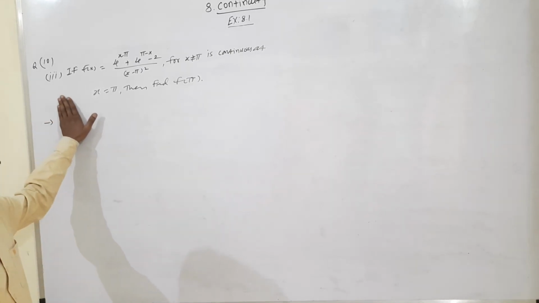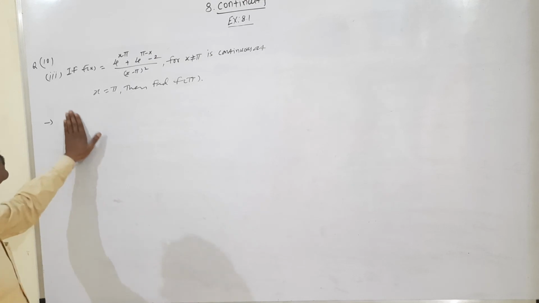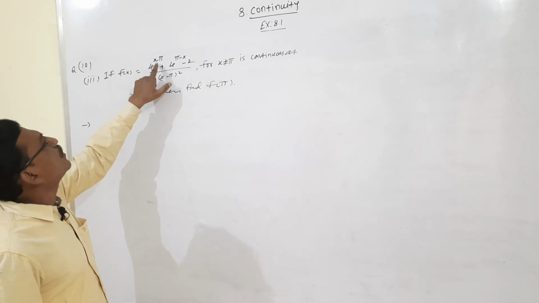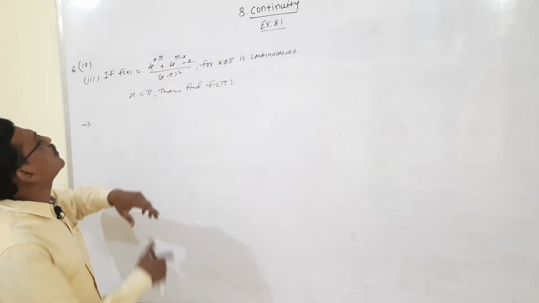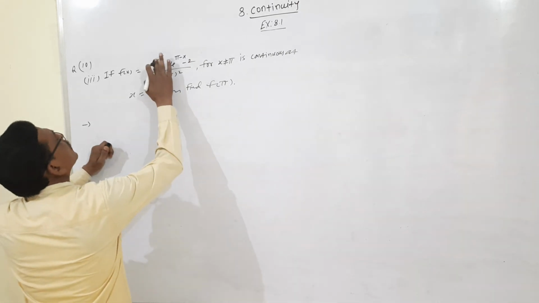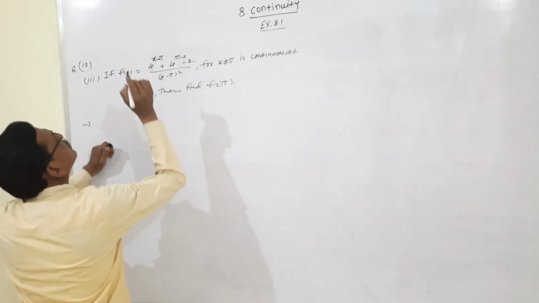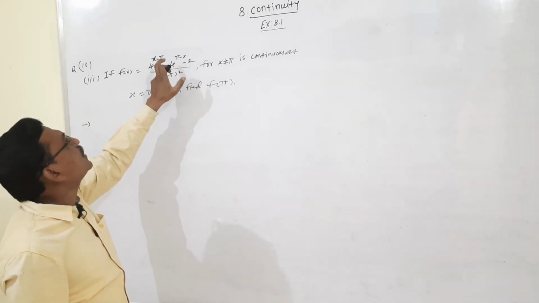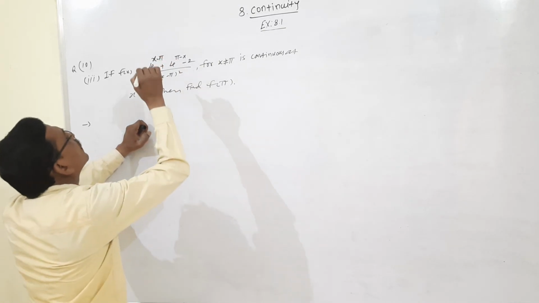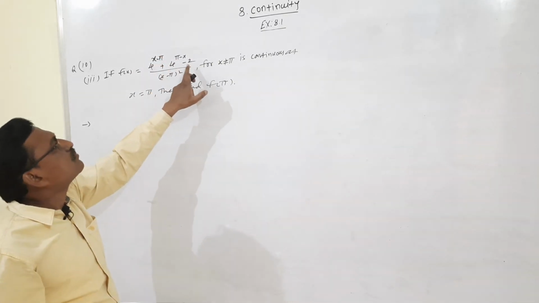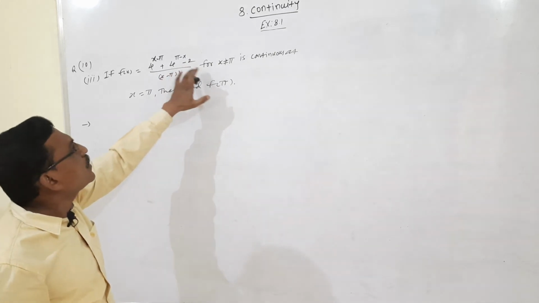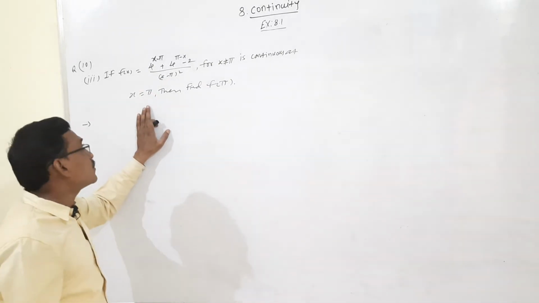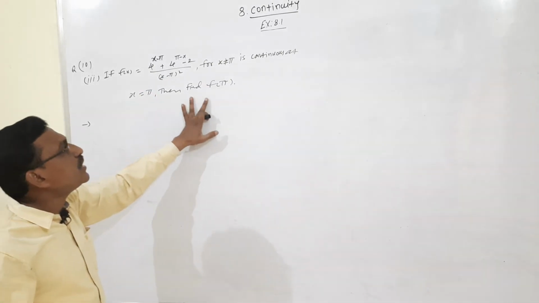Now the third example, in question number 10. The second example you may try to solve at home. So the third example: if the function f of x equals 4 raised to x minus pi plus 4 raised to pi minus x, minus 2, upon x minus pi whole square, for x not equal to pi, is continuous at x equal to pi, then find f of pi.